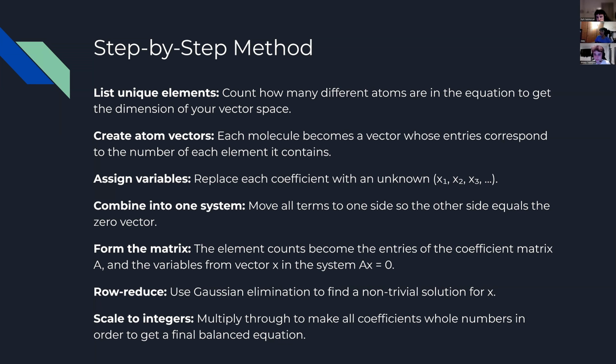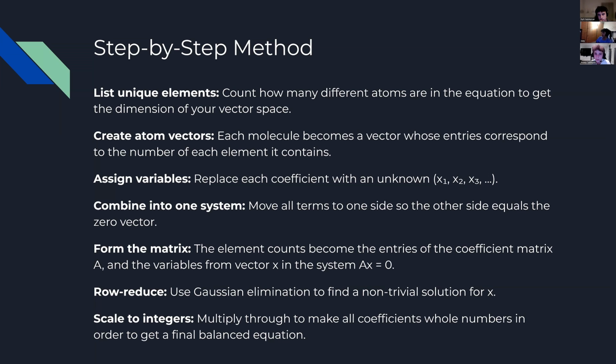All right, so now we're just going to go through the step-by-step method on how to actually do the linear algebra algorithm and balance a chemical equation using it. So first, you're going to want to figure out how many unique elements you have inside of your entire equation.